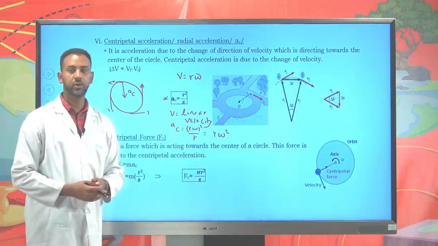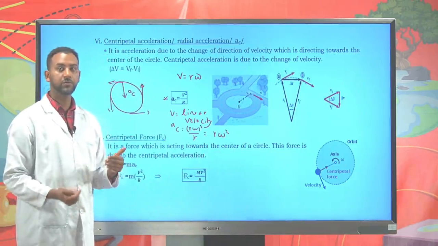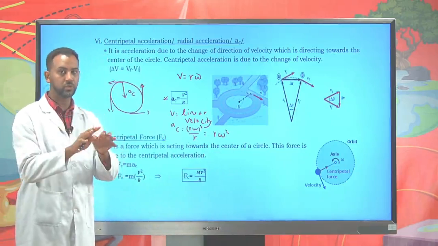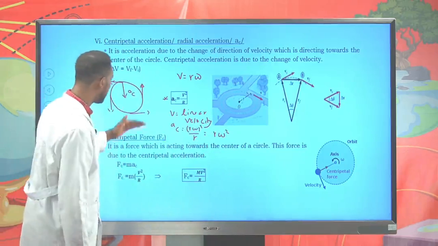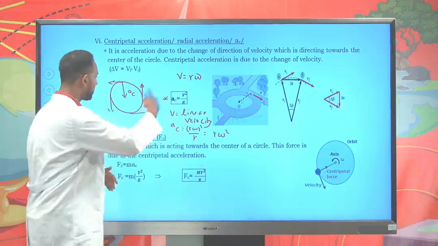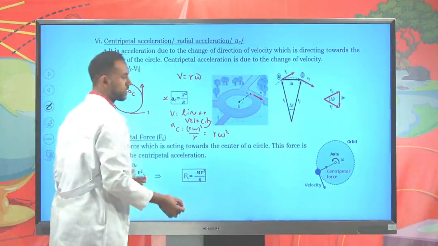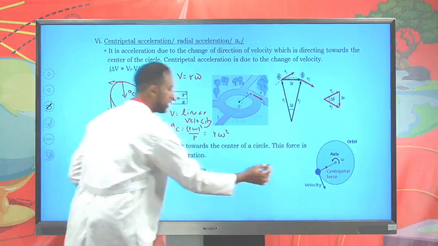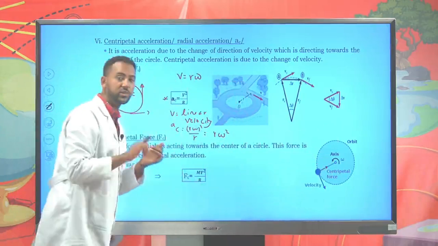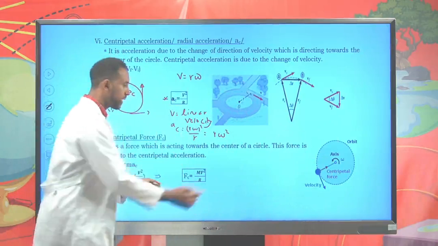And the other key point is, whenever there is acceleration, there will be a force. The net force which tends to act towards the center is known as centripetal force. Okay, suppose here you have a particle which tends to move on this circular path. This particle has a centripetal acceleration. Due to that centripetal acceleration, there will be a centripetal force.